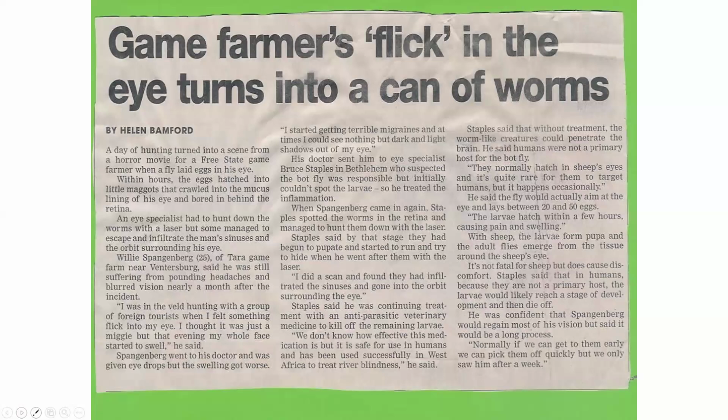This is a story all about a game farmer who experienced this infection. As far as the sheep are concerned, as it says here, it's not fatal for sheep, but it does cause discomfort, irritation, and I think it can lead to loss of condition in the sheep.